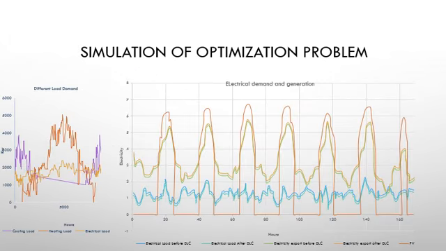Simulation with the use of physical parameters helps to determine decisions and make predictions about the system. In the left diagram, the hourly profiles of heating, cooling and electrical demand are specified on an hourly basis, and optimization is performed based on these input parameters.